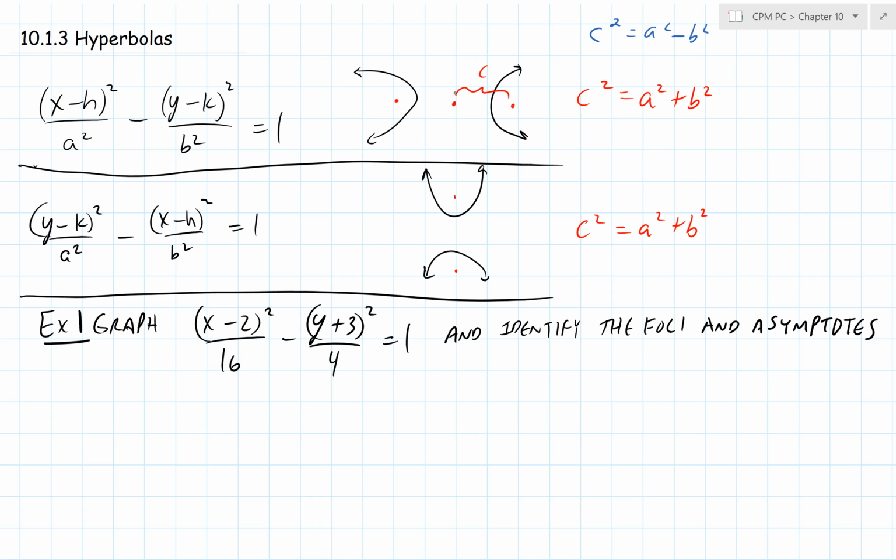And so that distance c is the distance from the center to the focal point. And the same thing would be true here if this was the center. From the center to the focal point would be a distance of c.